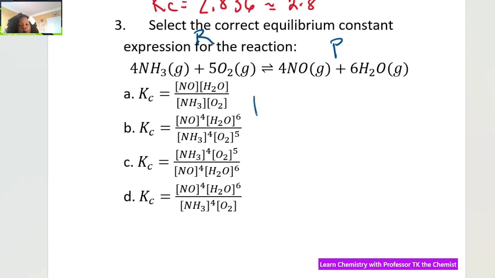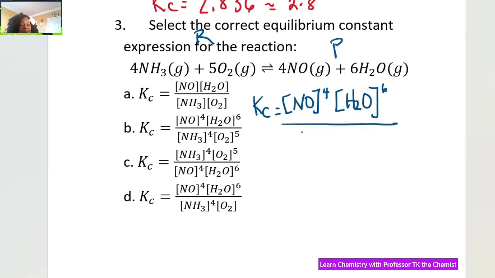So therefore, my equilibrium constant is going to be NO raised to the power of 4 times H2O raised to the power of 6 divided by NH3 raised to the power of 4 times O2 raised to the power of 5.